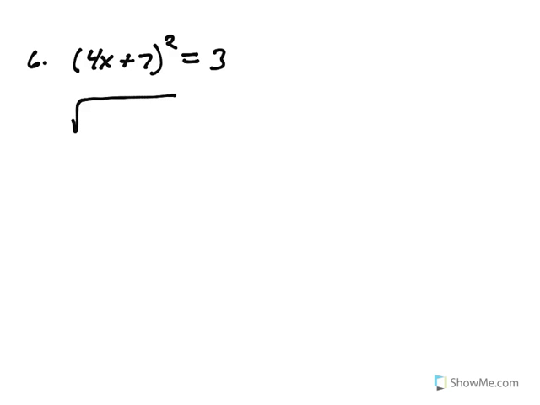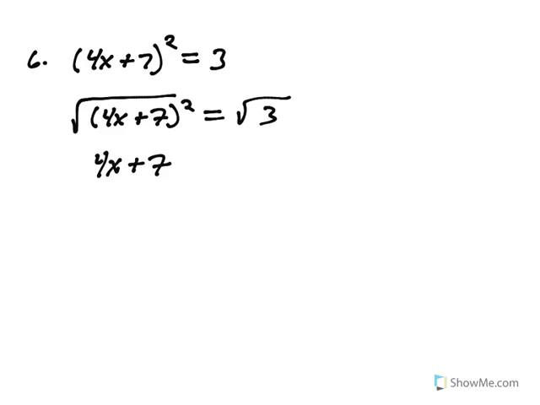Okay, so we're going to take the square root of 4x plus 7 squared, and take the square root on that side. So again, when you take the square root on the left, just write whatever's under the radical. And this is going to be plus or minus the square root of 3.